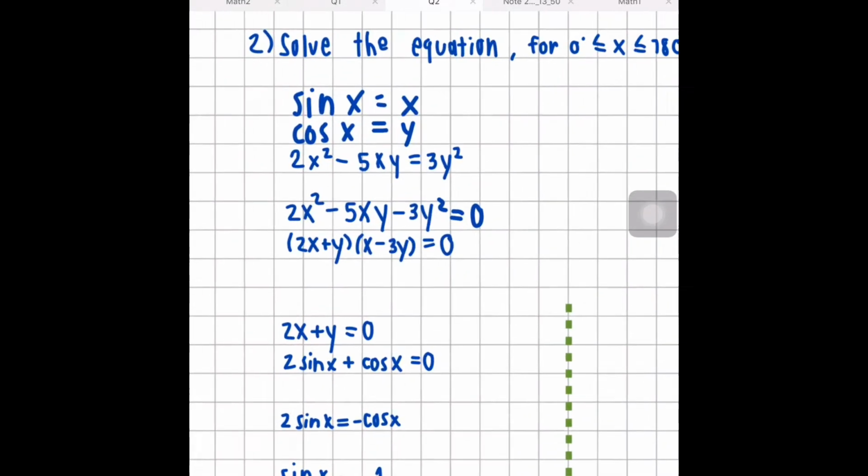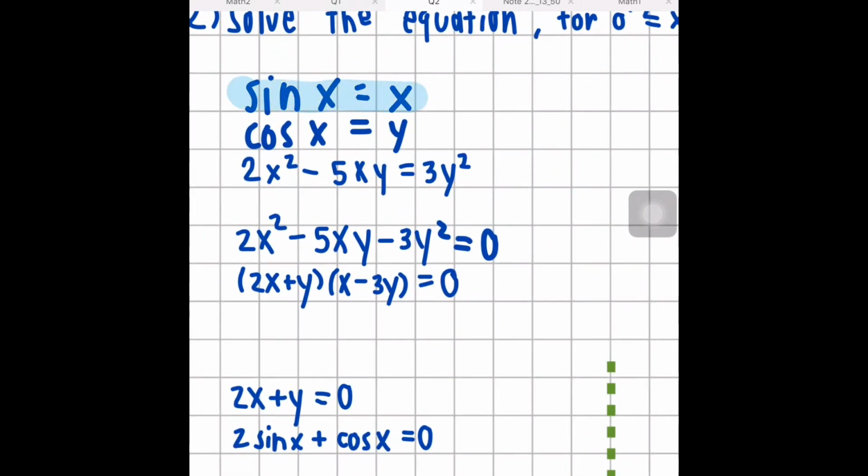So change sine x to x and cos x to y. After that, replace it into the equation. Sine x cos x will change to x and y. So it will be 2x squared minus 5xy equal to 3y squared.